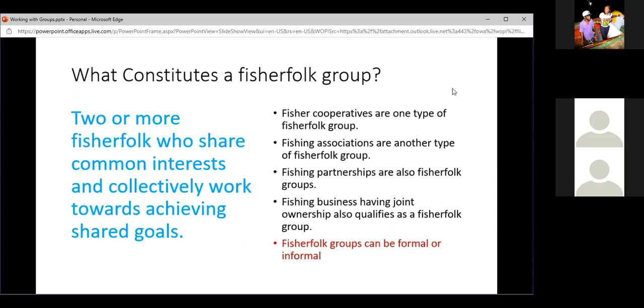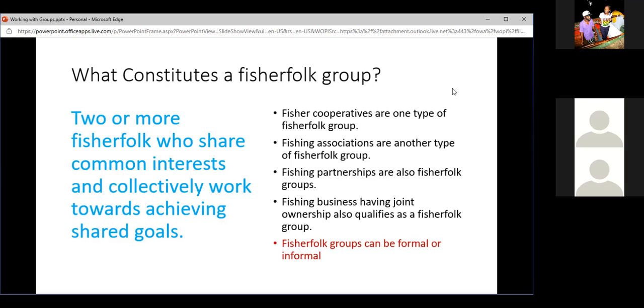In that case, the interest would be something related to the fisheries sector, whether it is in harvest, in processing, in purchase of input, whatever the case may be.